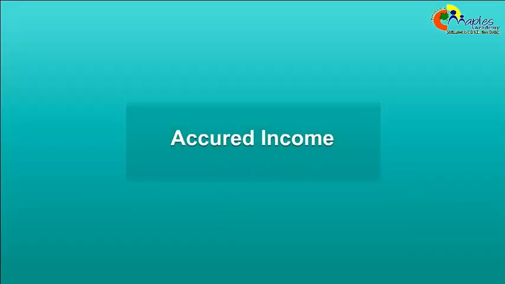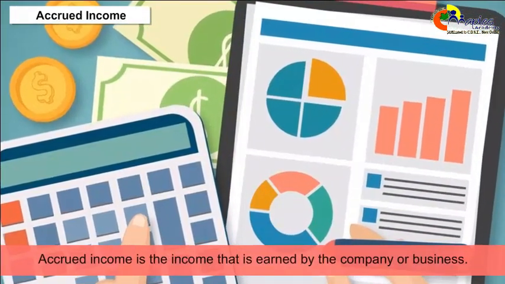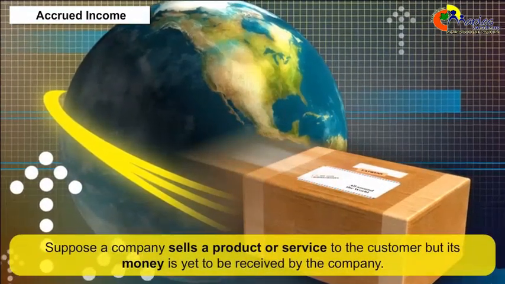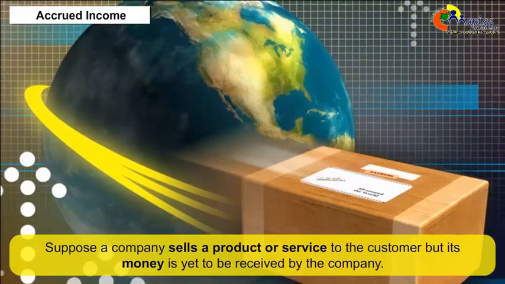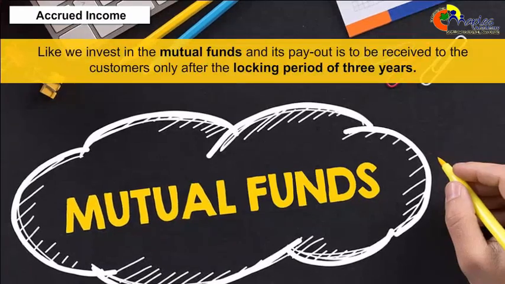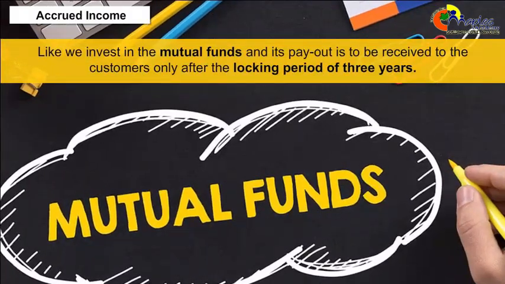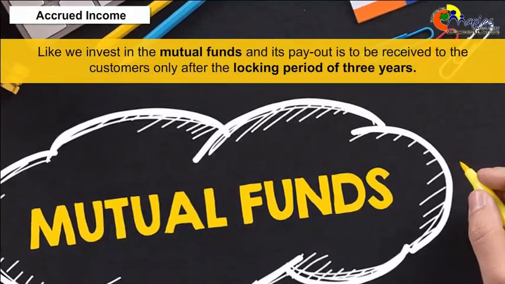Accrued income. Accrued income is the income that is earned by the company or business. Suppose a company sells a product or service to the customer, but its money is yet to be received by the company. Like, we invest in the mutual funds and its payout is to be received by the customers only after the locking period of 3 years.